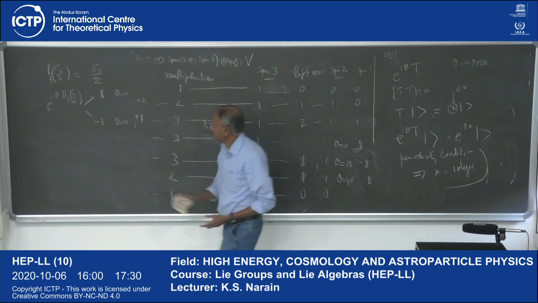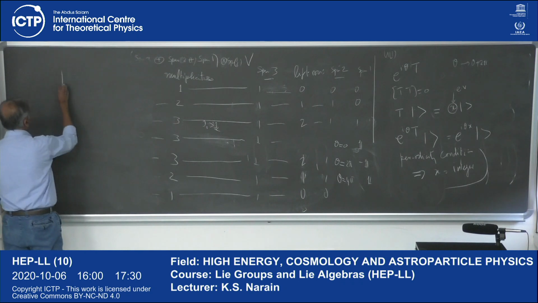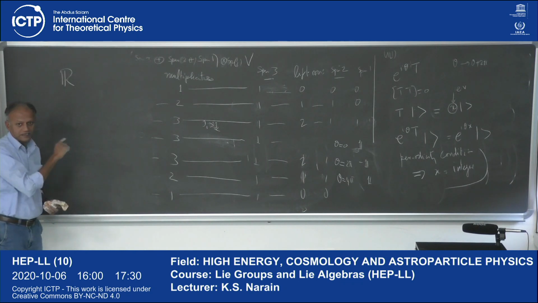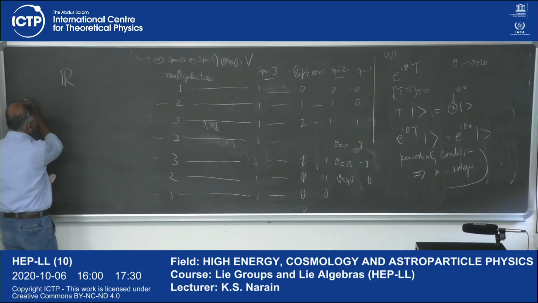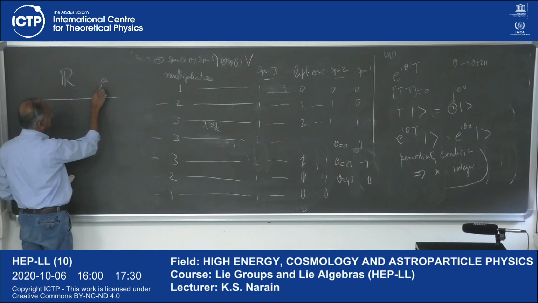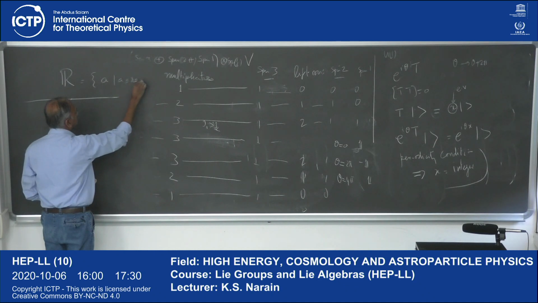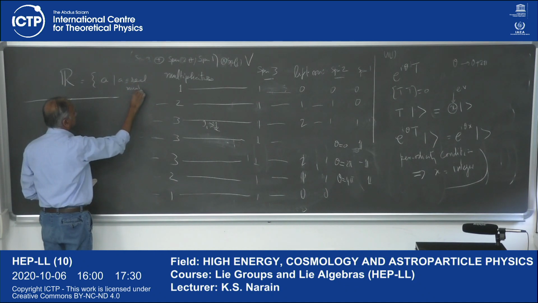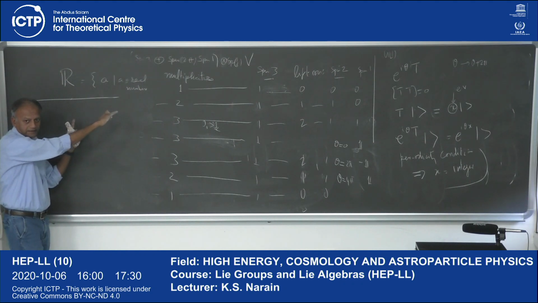In contrast, this was because we are talking about the U1. What about the R, the translation? Remember we talked about the group R, which was just a translation along the real line. You have a real line, and the elements are simply any real numbers a, where a is a real number. Its meaning is simply translation along one axis.